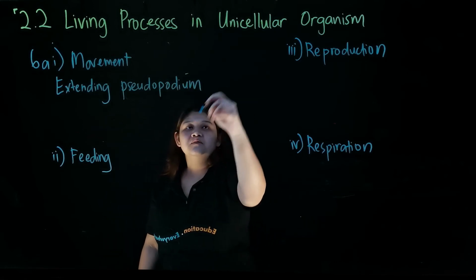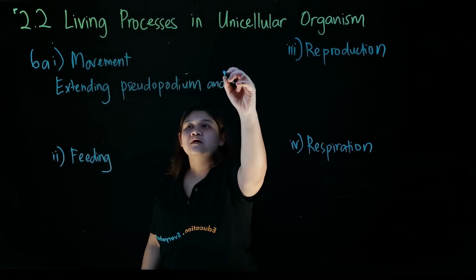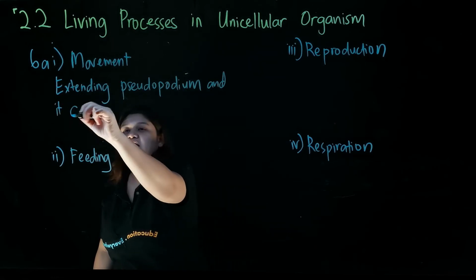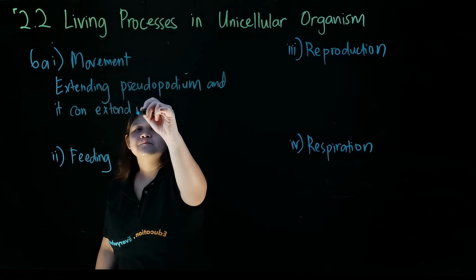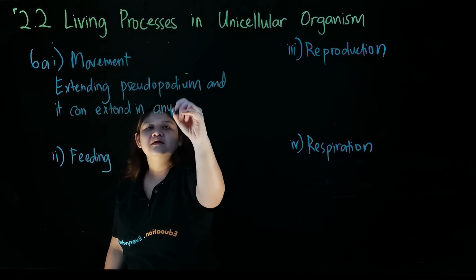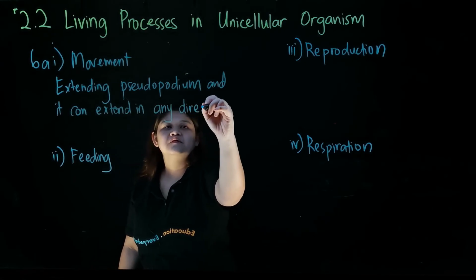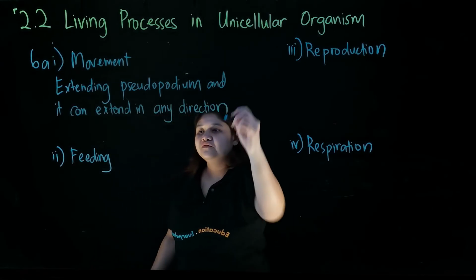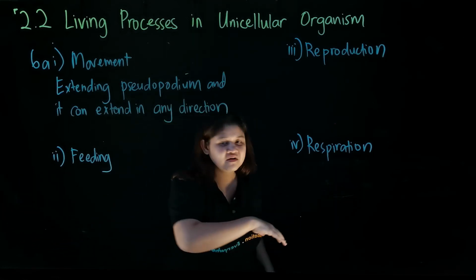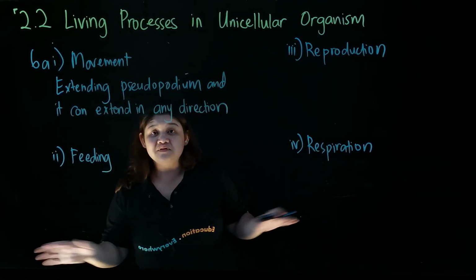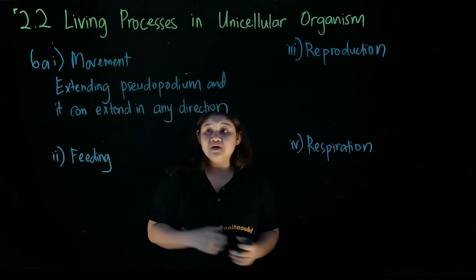Extending pseudopodium, and it can extend in any direction. All right, so the false hand can go here, here, here, or anywhere on top, below, doesn't matter. Okay, so 2 marks there.